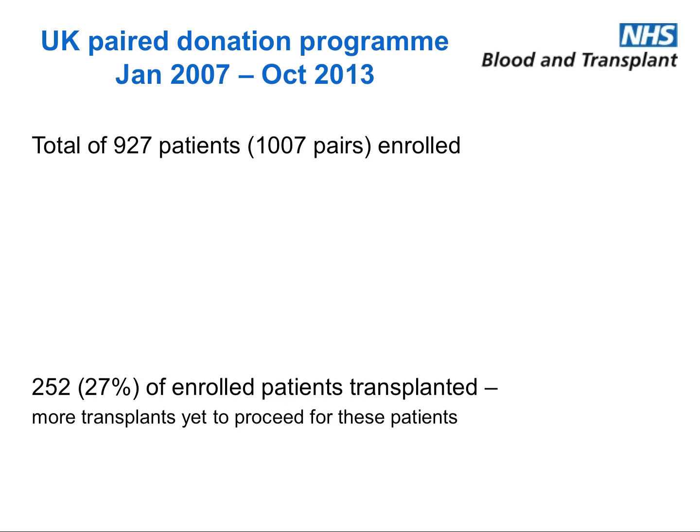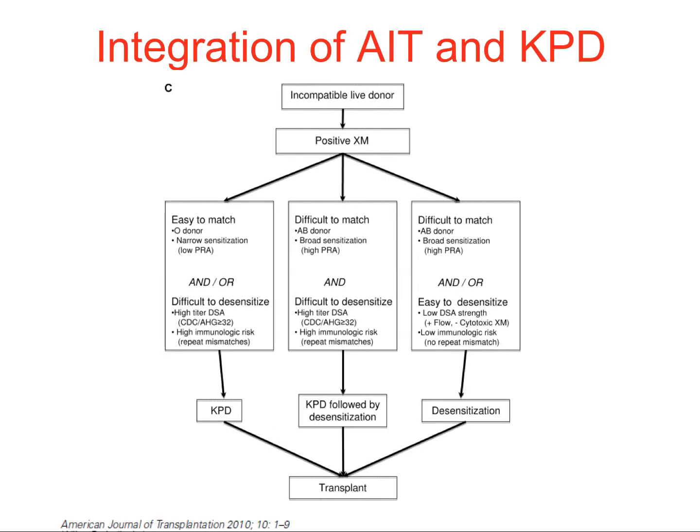There's a little bit of data from the UK system. About a quarter of patients in the paired exchange scheme are proceeding to transplantation. And that's why some centres will say, we're going to do a couple of cycles in the paired exchange scheme, which runs every 3 months in the UK, before proceeding with an HLA-incompatible transplant.